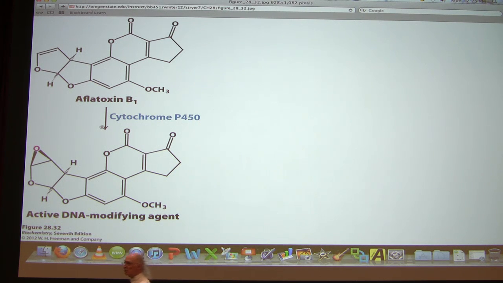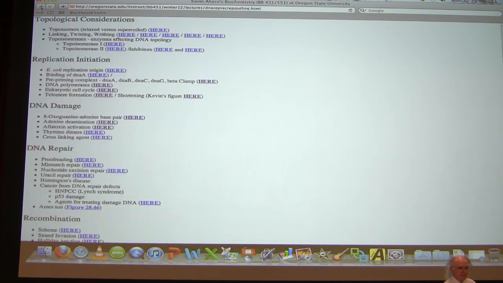It causes problems for the DNA polymerase moving along, trying to copy the base pairs. So these are known as alkylating agents, okay? And they are toxic. They can be very mutagenic. They can cause some very severe problems when they get into our DNAs.